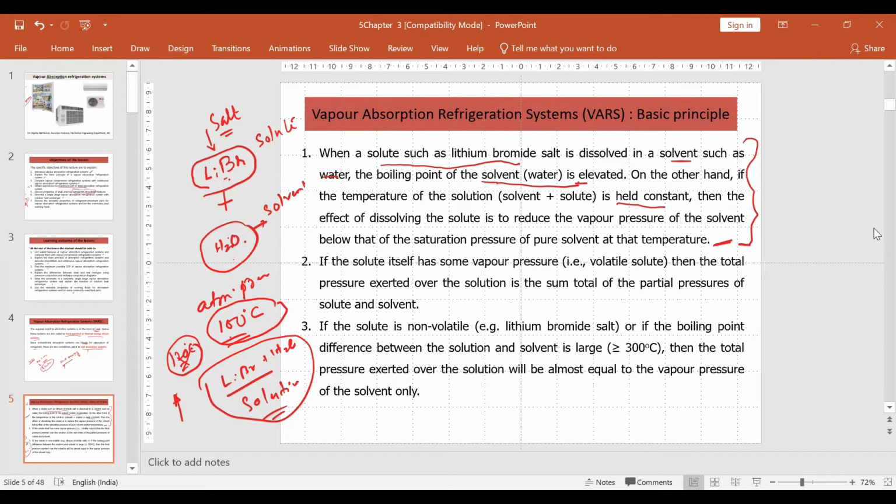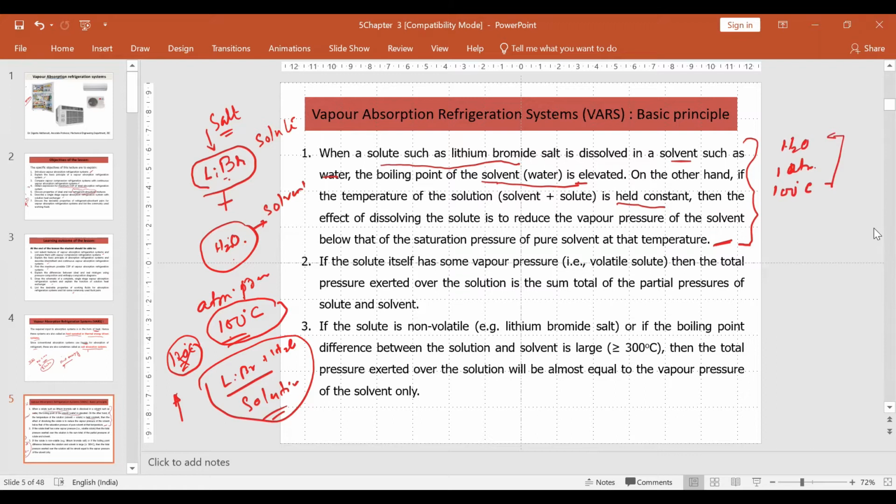Now we see what is written in this paragraph. In the first point, water at atmospheric pressure, 1 bar, boils at 100 degrees centigrade. This is the first condition.